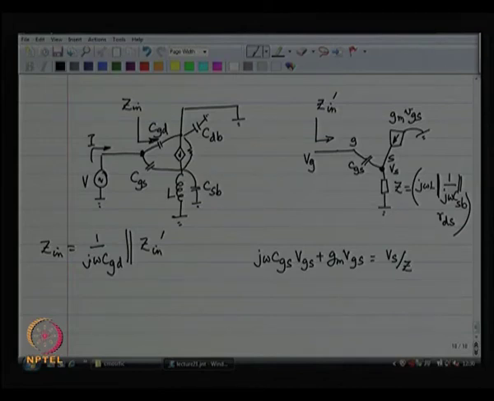So, we are going to solve this equation and find out Vs, right.